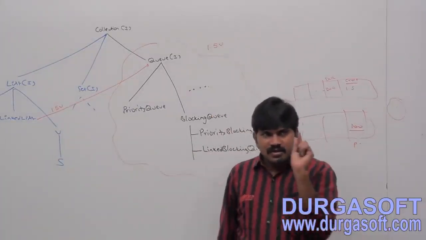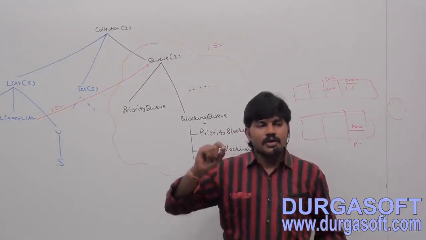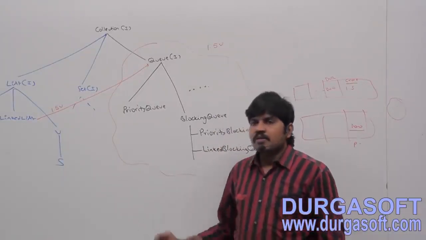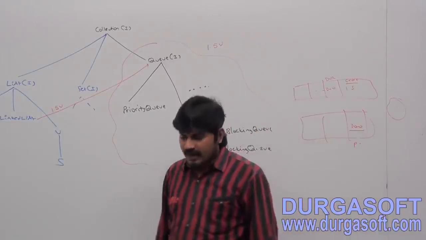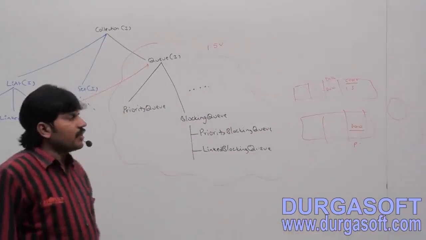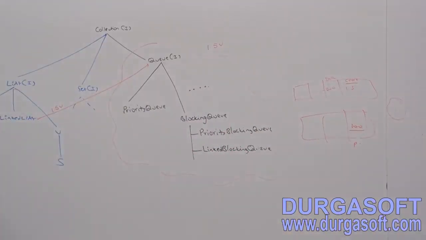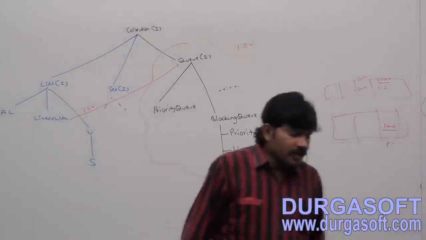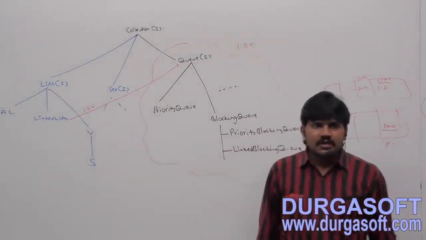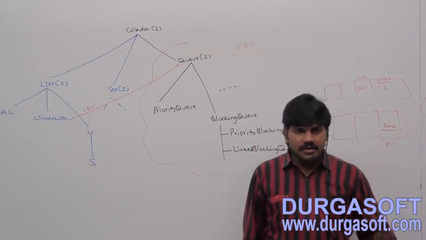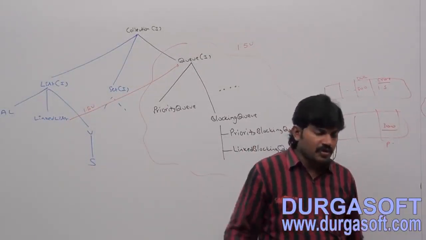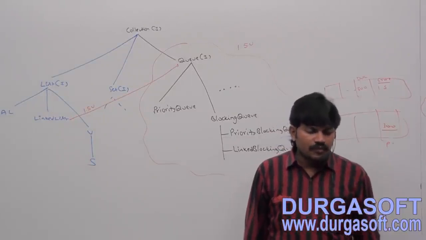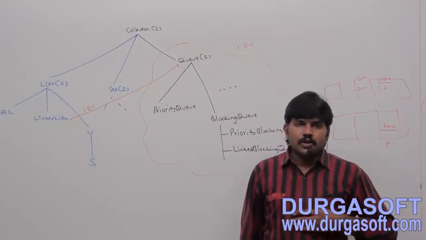Better to take it in this style: 1.5 version enhancements, within bracket queue interface.